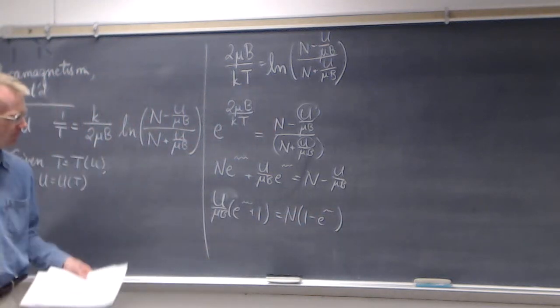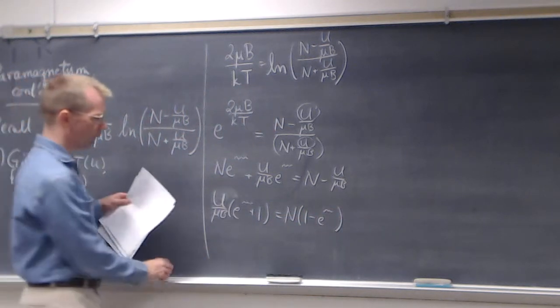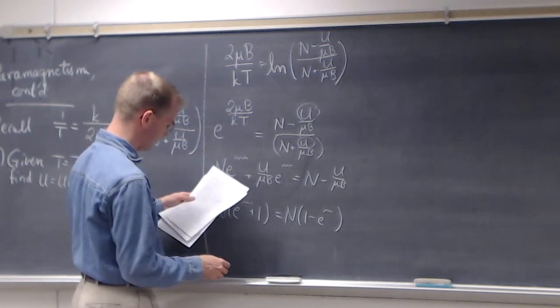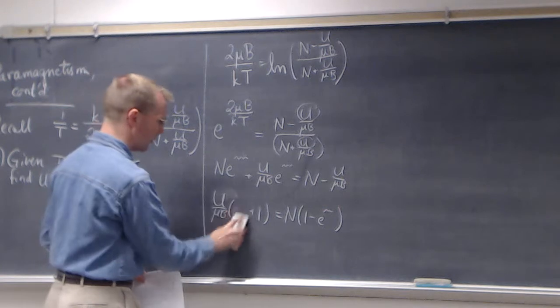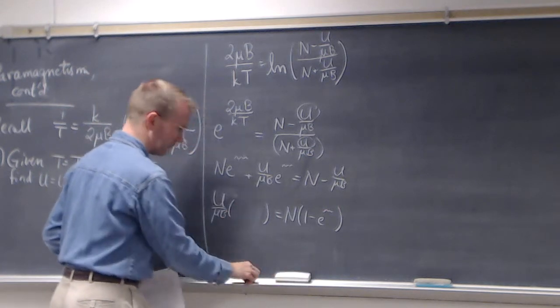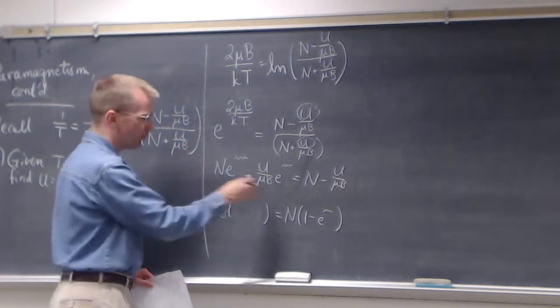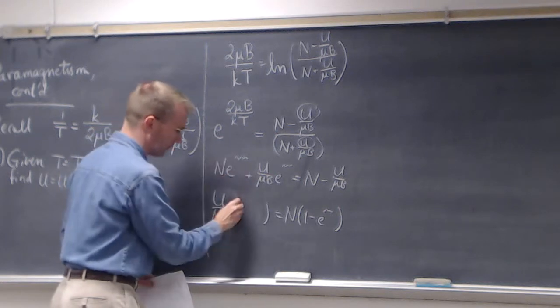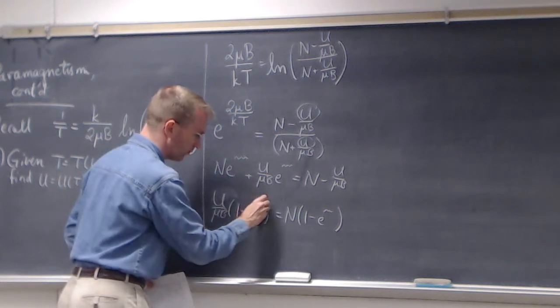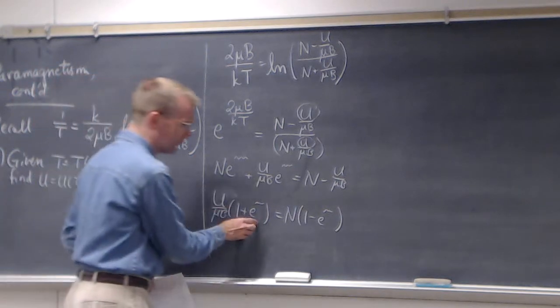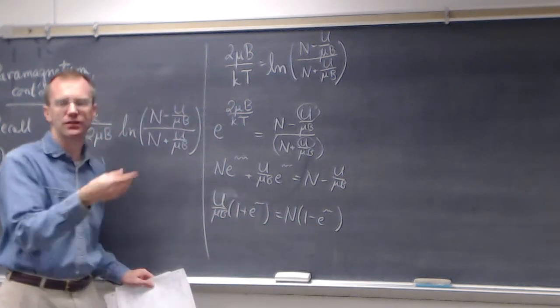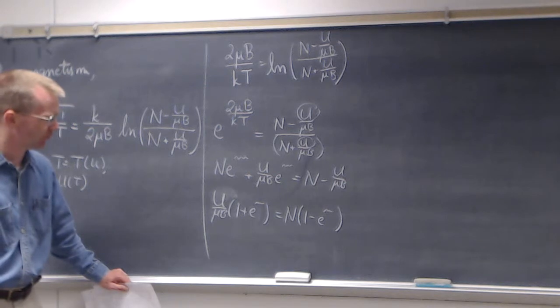Well, let me rewrite this. I'm going to change the order on the left-hand side. So I've got 1 plus e to the exponent. I had an e to the exponent plus 1. This way, you can see the similarity. Again, that same anti-symmetry that's gone on before.